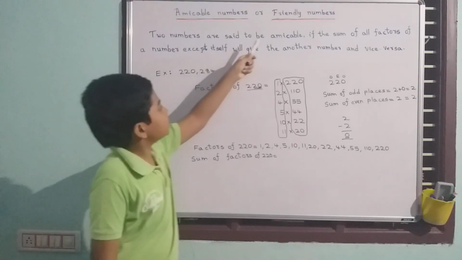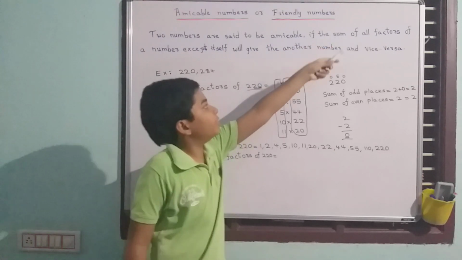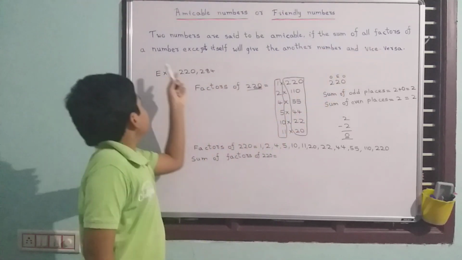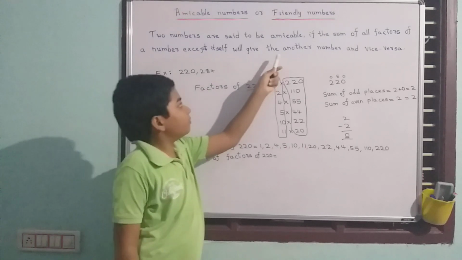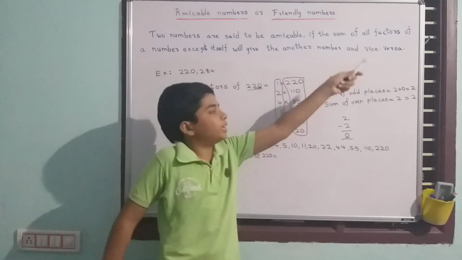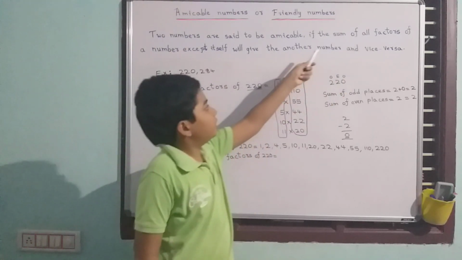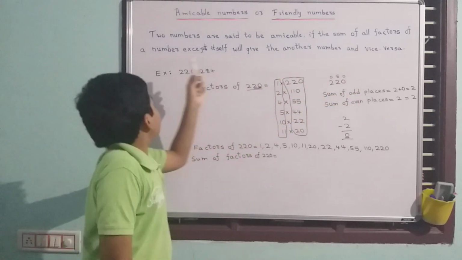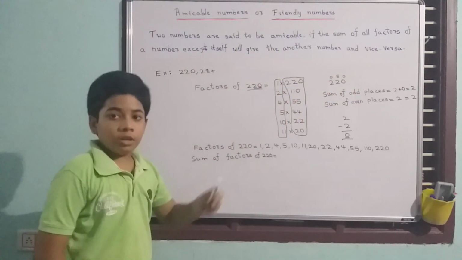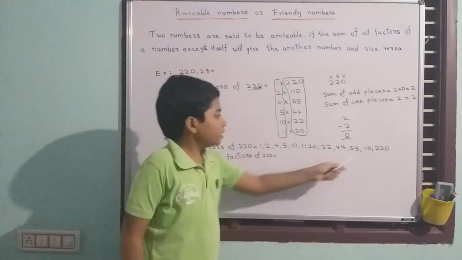Two numbers are said to be amicable if the sum of all factors of a number except itself will give the other number and vice versa. So we should not add 220.